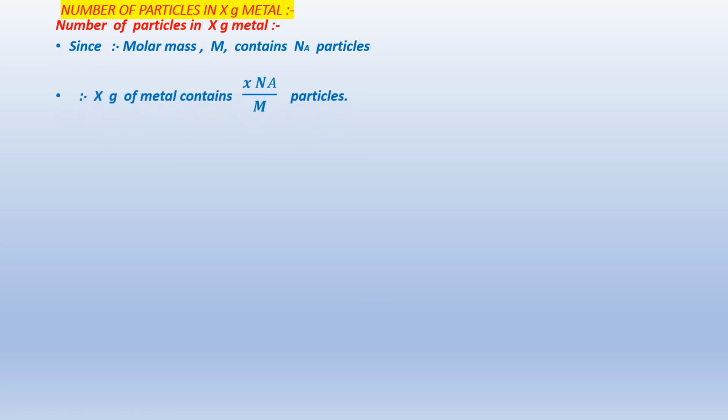Next part, the number of particles in x gram of metal. Continuing, you have to discuss here the number of particles in x gram of metal. Since the molar mass, capital M, contains Na particles, Na being the Avogadro's number, therefore x gram of metal contains x into Na upon M particles.